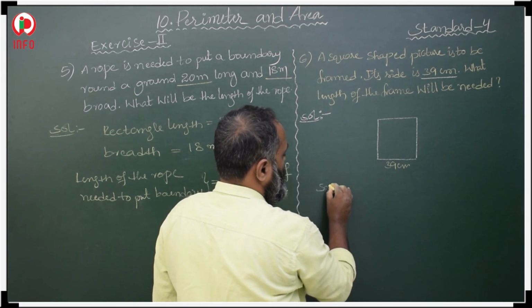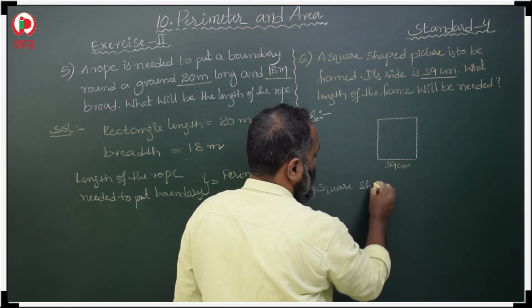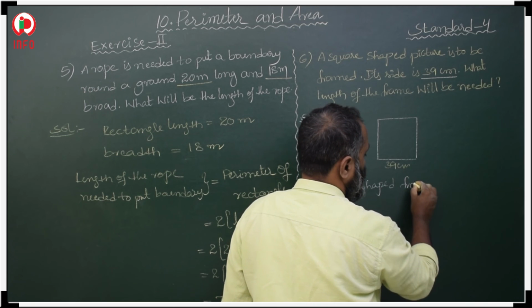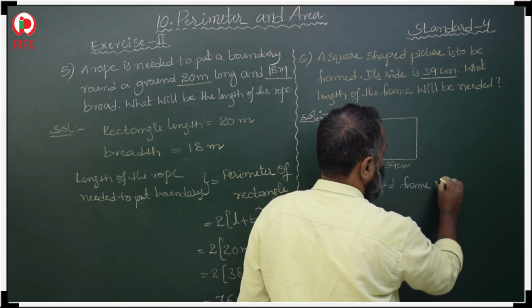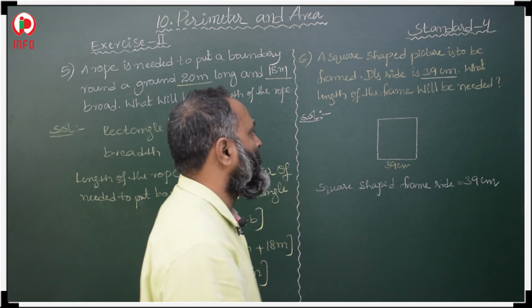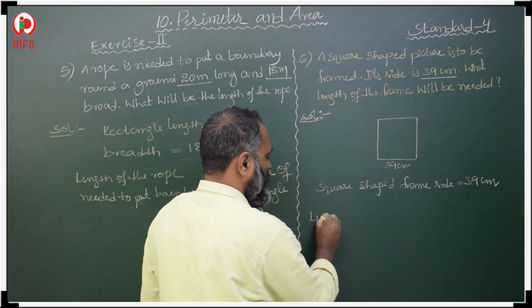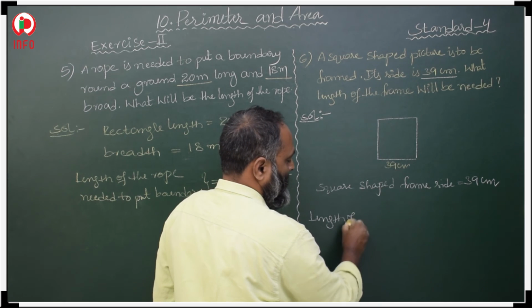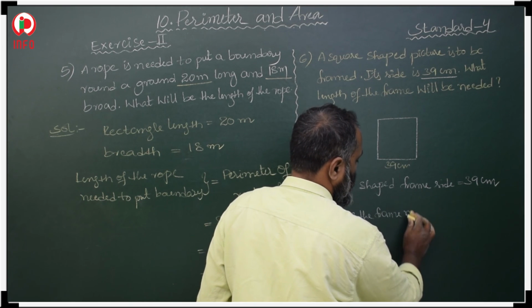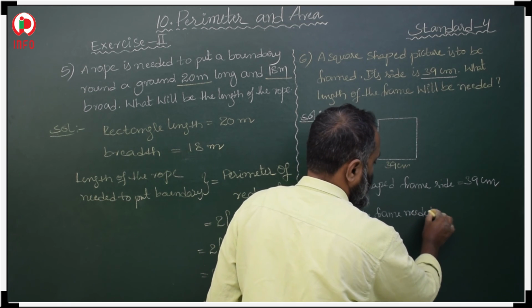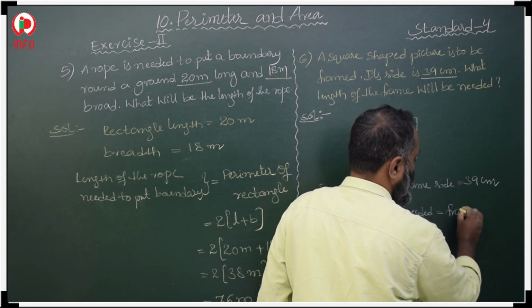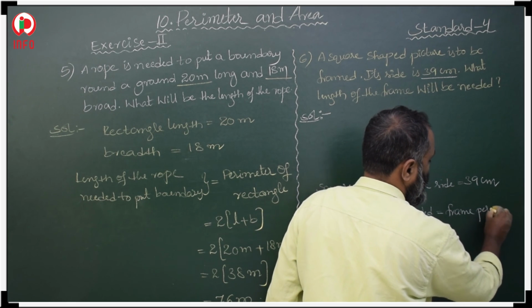So square shaped frame side is equal to 39 centimeters. Length of the frame needed is equal to square frame perimeter.